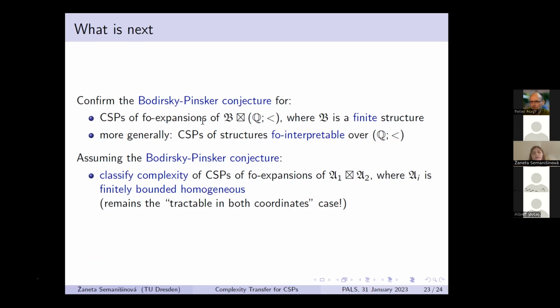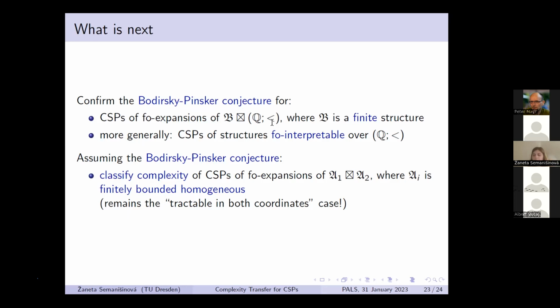Also, all of these structures fall into the scope of larger classification problems of CSPs of all structures that are first-order interpretable over Q with order, which would again be a nice class to understand, to see whether the complexity dichotomy that is the subject of the Bodirsky-Pinsker conjecture holds or not.